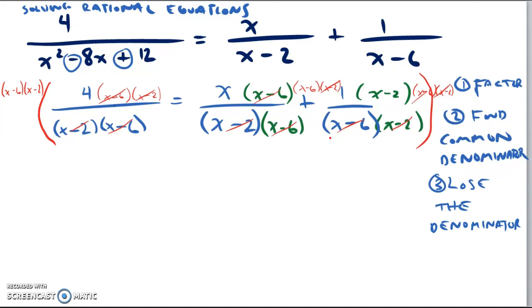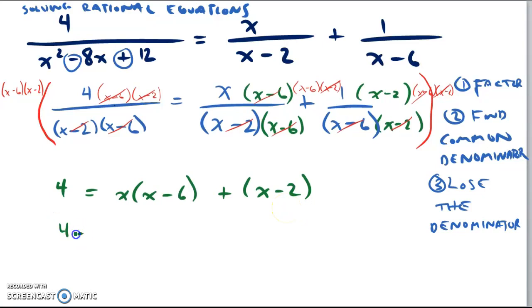Okay, so now we can just write it with our tops, or with our numerators, I should say. So we've got 4 is equal to x minus 6 remains, plus x minus 2. And now we can just solve it.